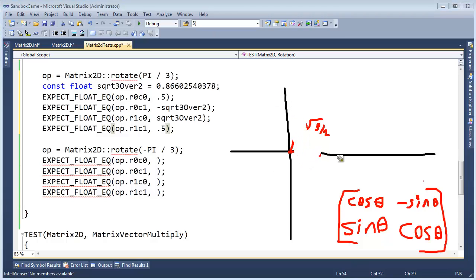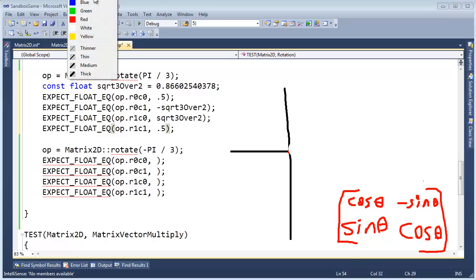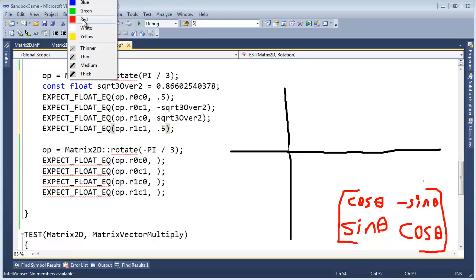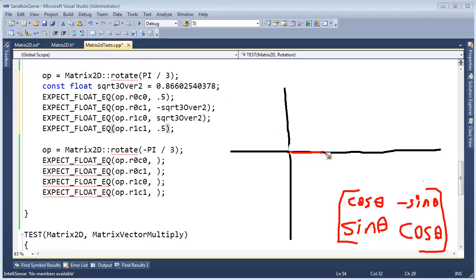I'm going to draw this out just because I think it's good to draw this out, even though it takes time. I hope it helps you. If you've stuck with me this long through the unit testing video, then I definitely hope this helps you to see this. Here's our original vector. Again, it's still length 1, but I'm going to zoom in, if you would. Let's give ourselves some room.